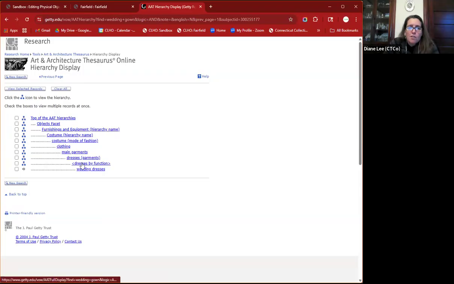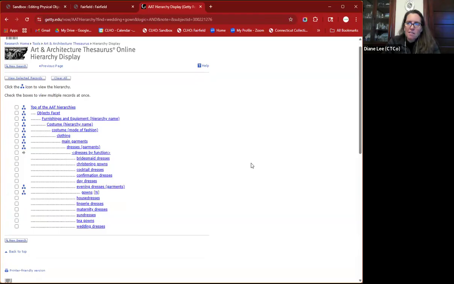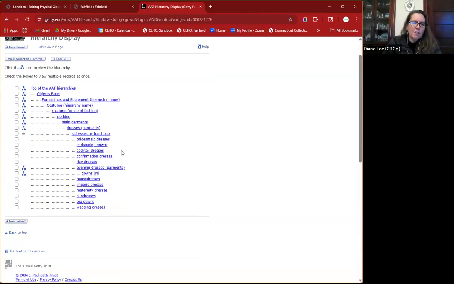You also see dresses by function, which is interesting. They split this into mode of fashion by function. It's kind of interesting if you're a giant nerd like me and like looking at this stuff. You're also going to find bridesmaid dresses. And that's another good one too, because they're calling it bridesmaid dresses, not bridesmaids dresses.